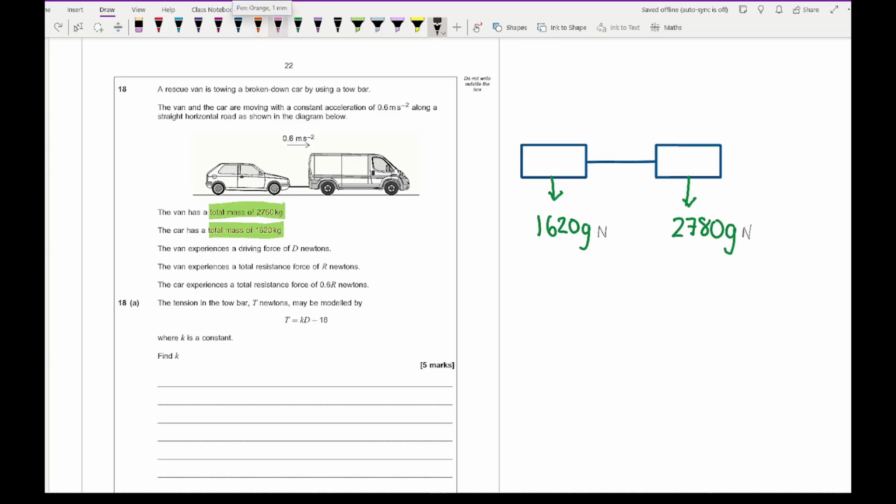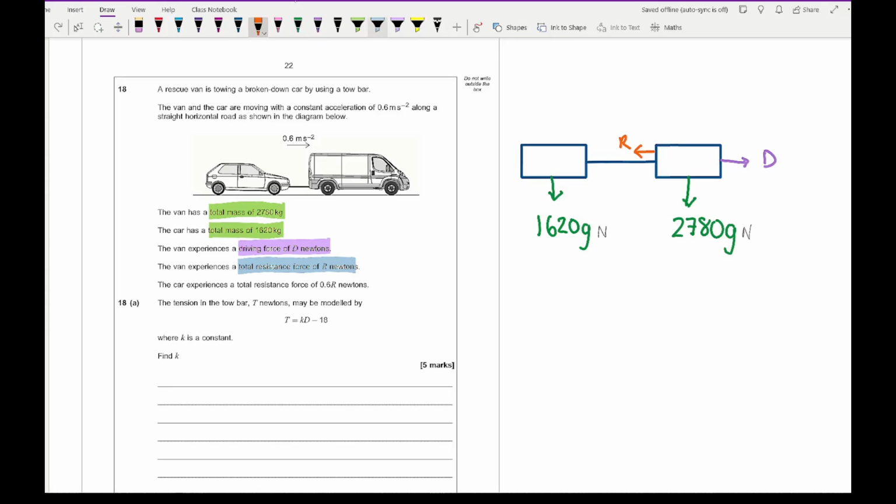We're then told about the driving force of the van that is going to act forwards. That has been given a letter D. We've then got some information about the resistance force. This is for the van. So it has a resistive force of R newtons.